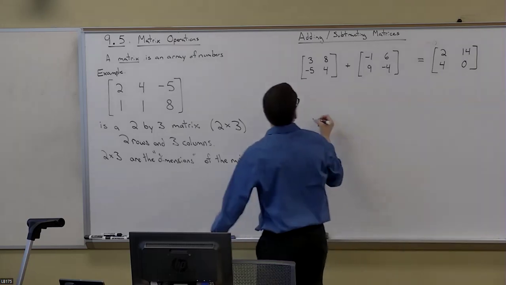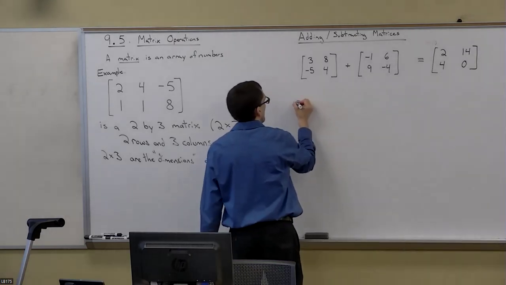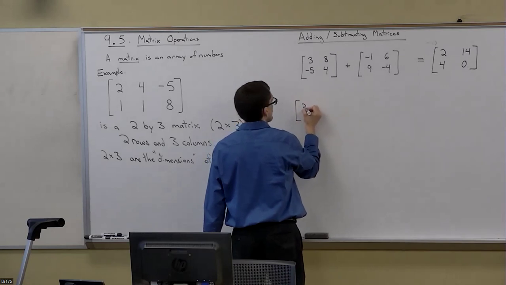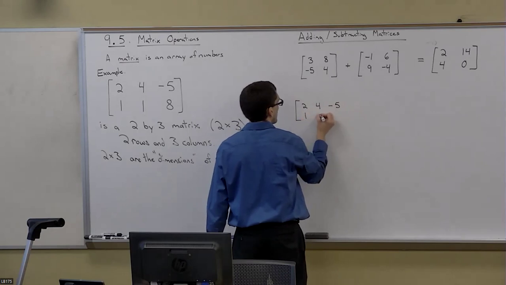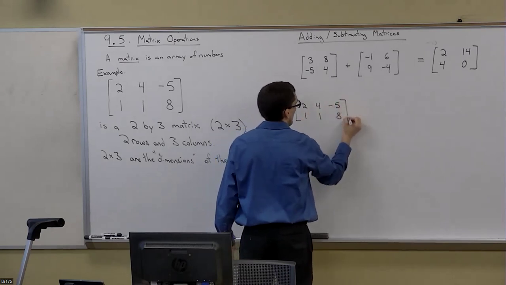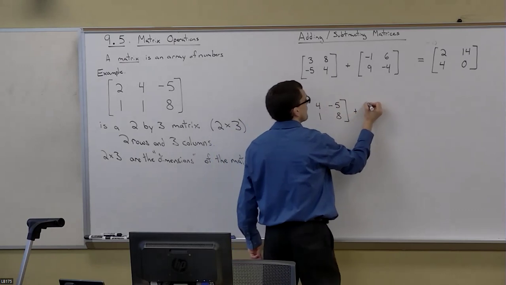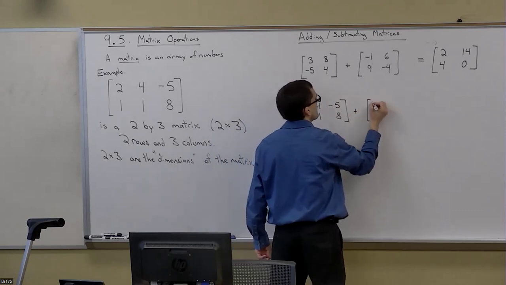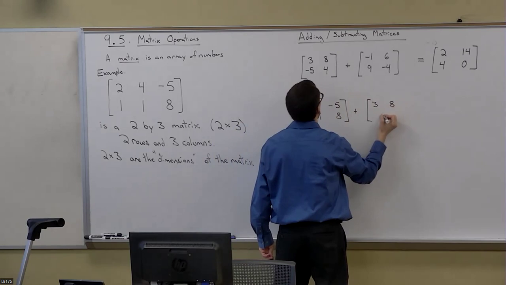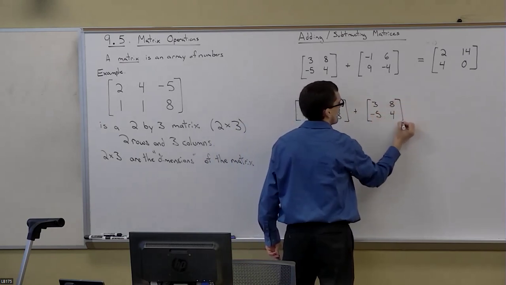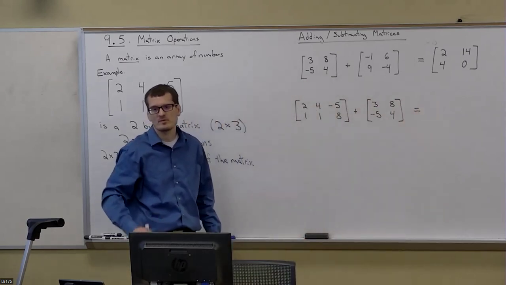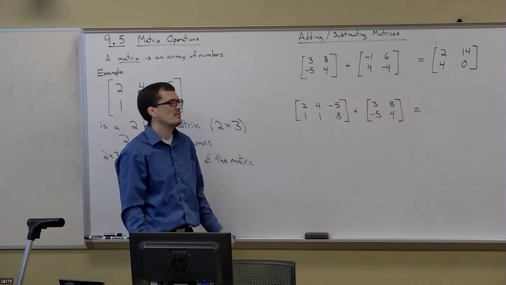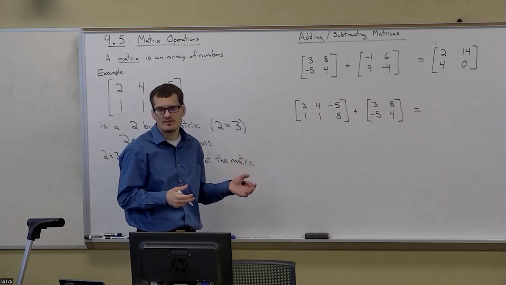Now, if the dimensions don't match up, if I take 2, 4, -5, and 1, 1, 8, and I say, let's add that to matrix 3, 8, -5, 4, this doesn't exist.